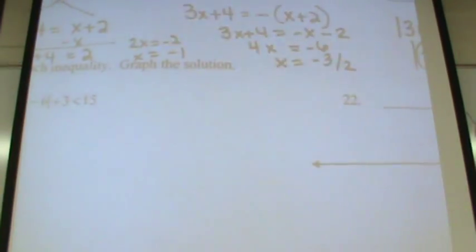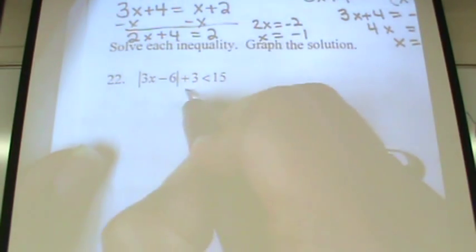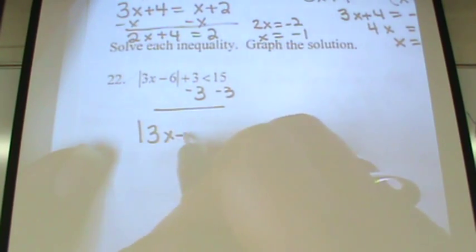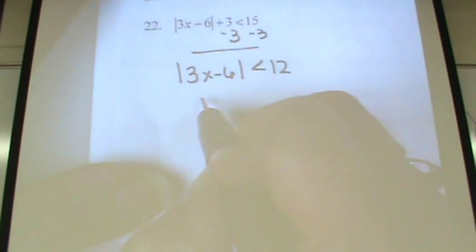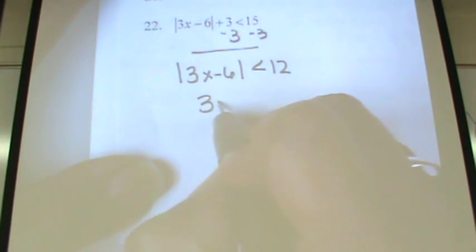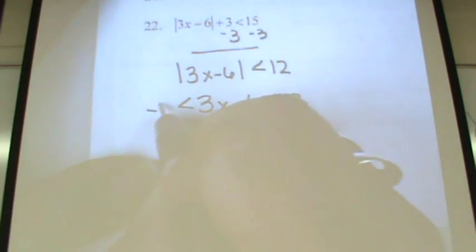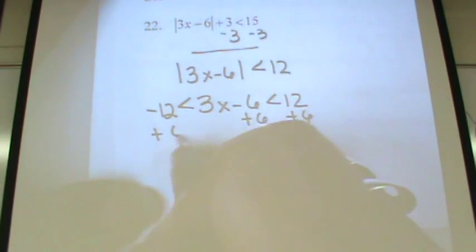Next one. This is a less than, it's an and. You're going to subtract 3. 3x minus 6 is less than 12. This is an and problem. So you're going to write 3x minus 6 is less than 12 and greater than negative 12. How do you solve this? We're going to add 6.